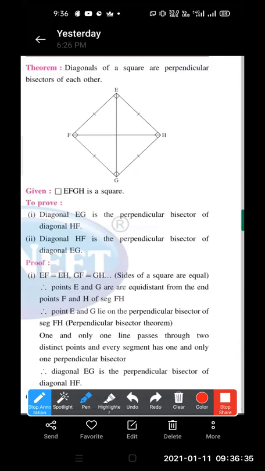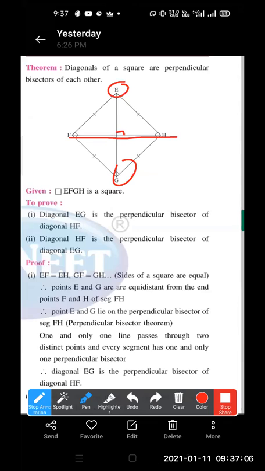So points E and G are equidistant from the endpoints F and H of segment FH. Similarly, points E and G lie on the perpendicular bisector of segment FH.